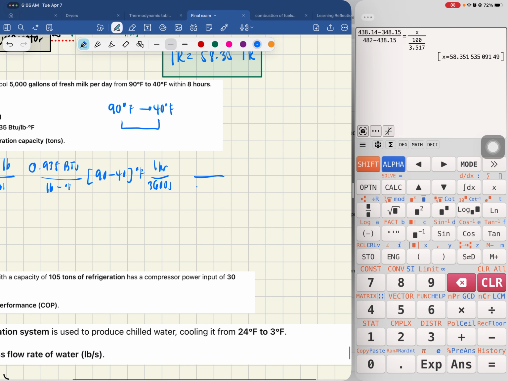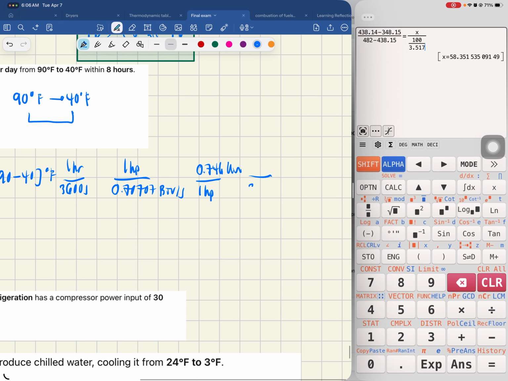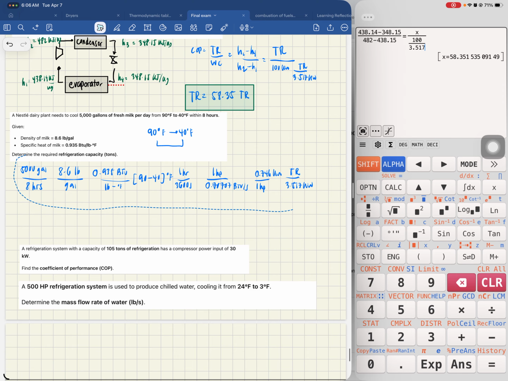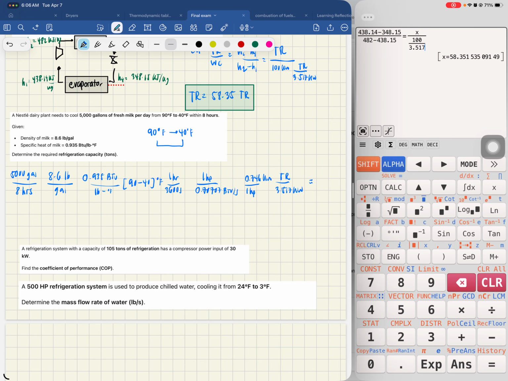For every 0.70707 BTU per second, you have 1 HP. For every 1 HP, you have 0.746 kilowatts, and for every 3.517 kilowatts you have 1 TR. Again, you can use any conversion that you are familiar with. This should be what?